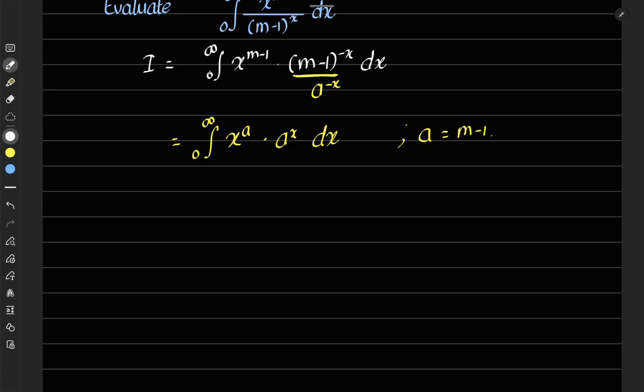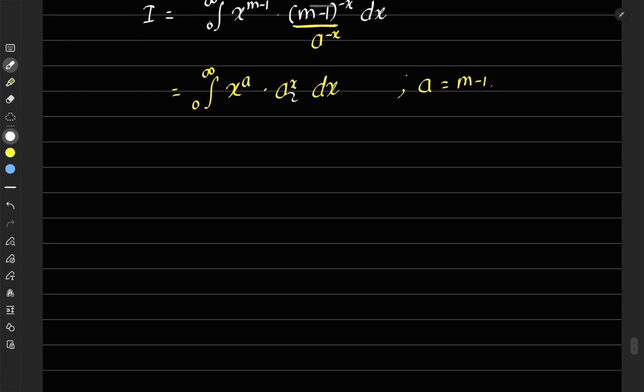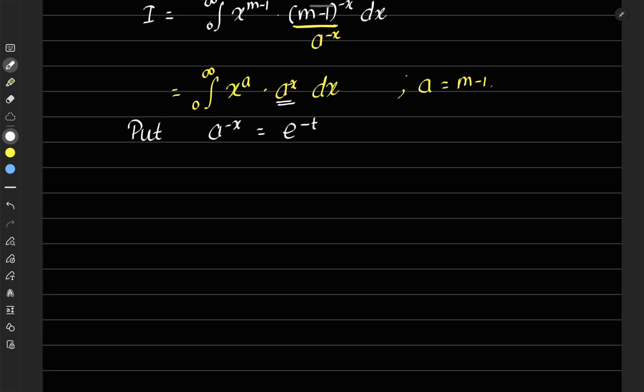So now to evaluate this quantity, notice that we have an exponential term, but we don't have the e power minus x function. Here it is e power minus x, and actually we want e to the power minus x. So the quantity that we can compare with this e to the power minus x is definitely this constant to the power minus x. So we will substitute a to the power minus x as e to the power minus t.